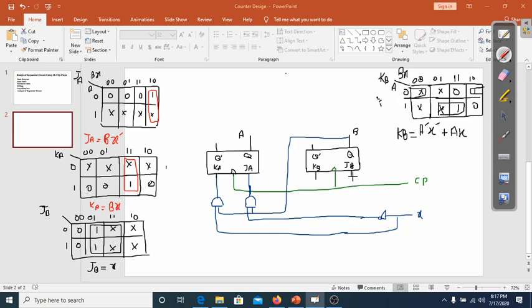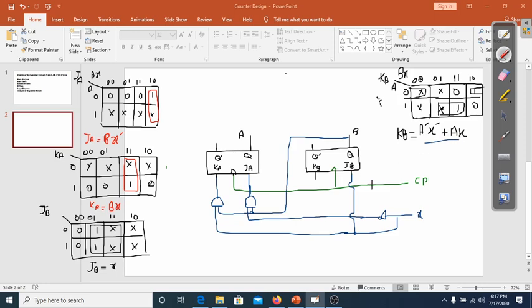So here I will connect, I will not short these wires. It will be connected with the... So now KB is equal to, this can be described with the exclusive NOR gate.